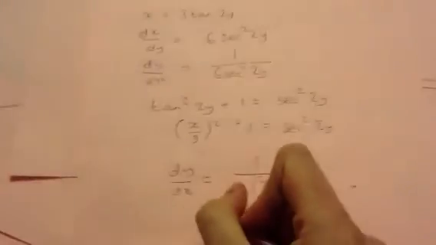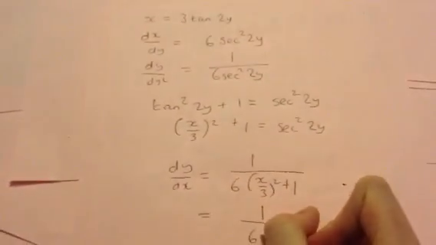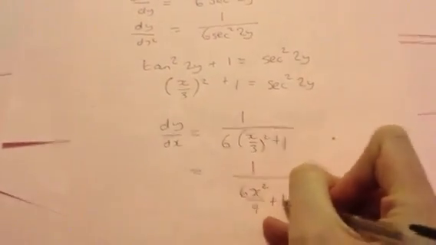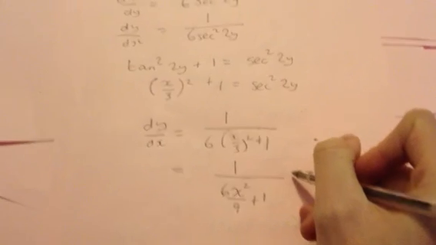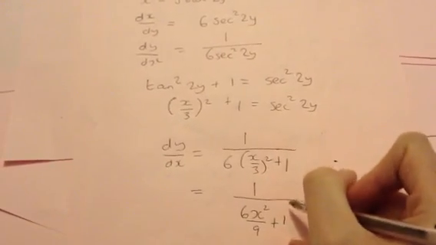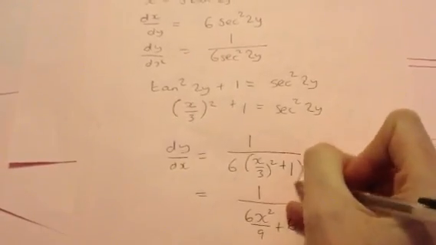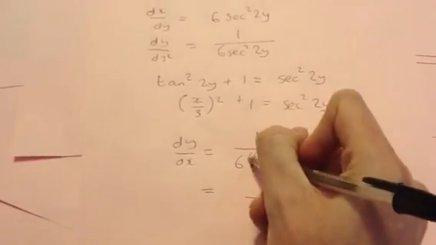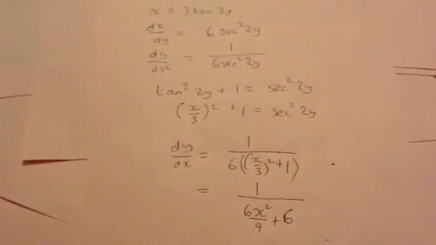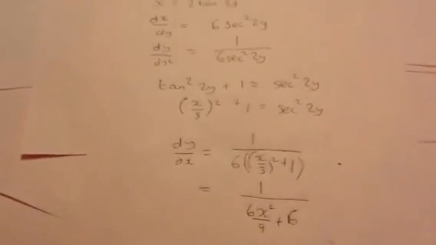But if you want me to, I will simplify that. So that goes to 6 x squared over 9 plus 1 on the bottom. Yeah, because it was 6 times x over 3 squared plus 1, so it goes to 6 x squared over 9 plus 6.